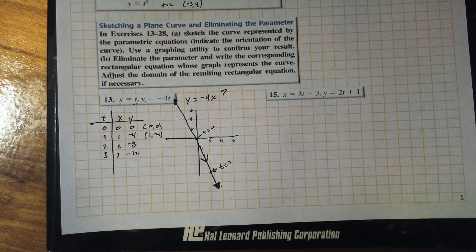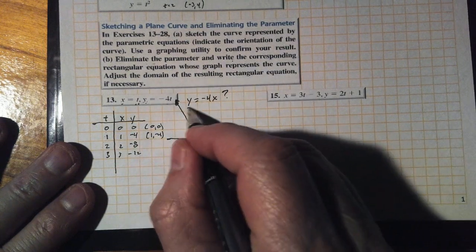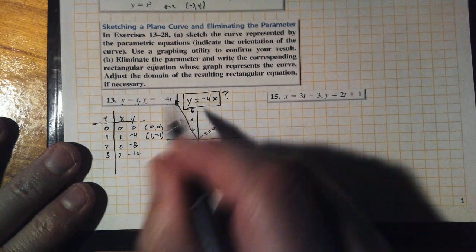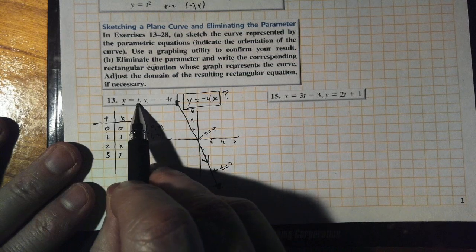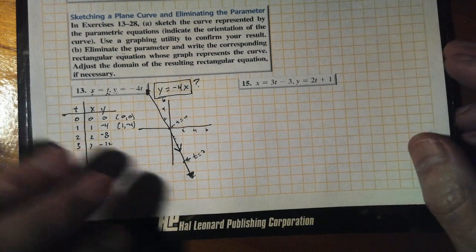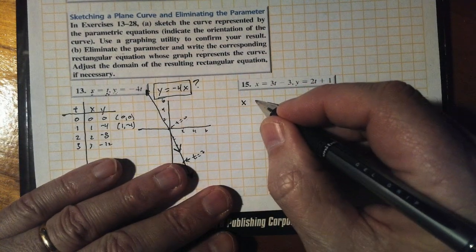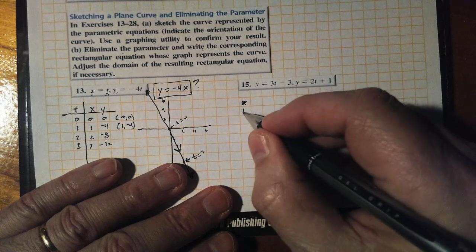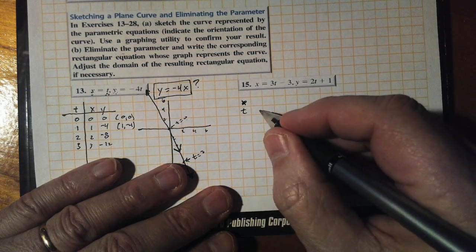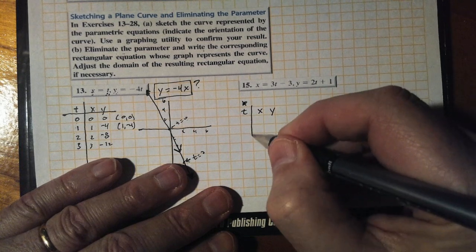Okay, and in part B they say eliminate the parameter, and that's what we did right here. And it was really easy to do because T may be replaced by X. Okay, so here we go. I'm going to choose T, and here I need X, and here I need Y, and I think I'm going to do these in my head.